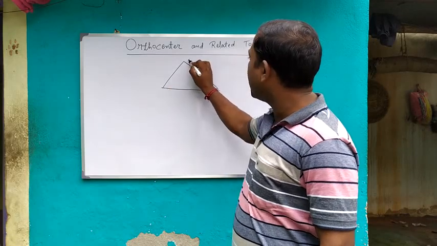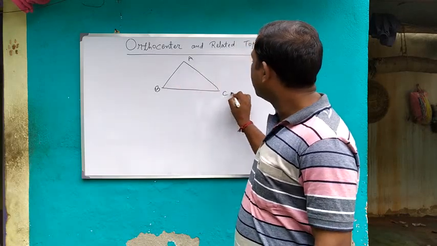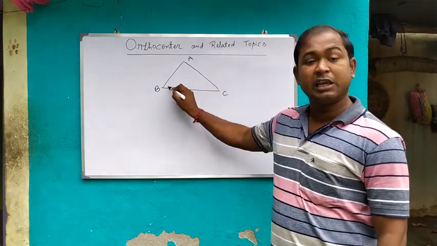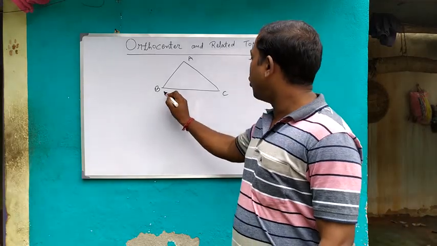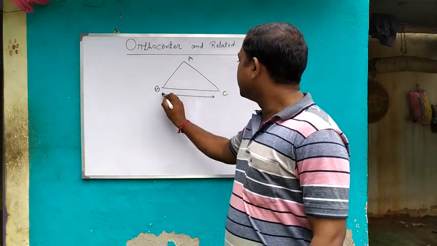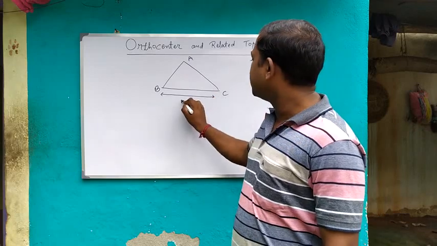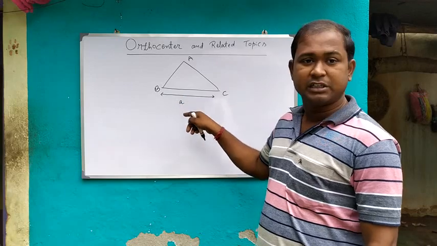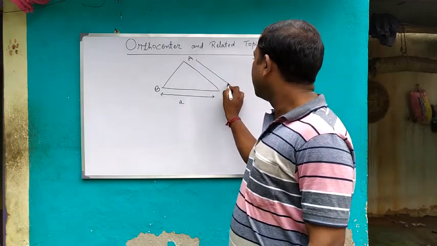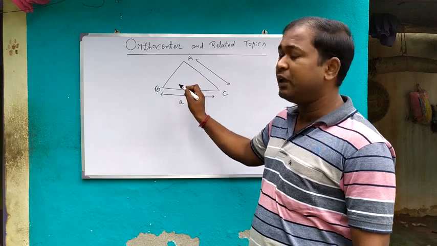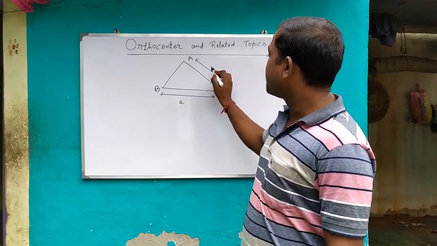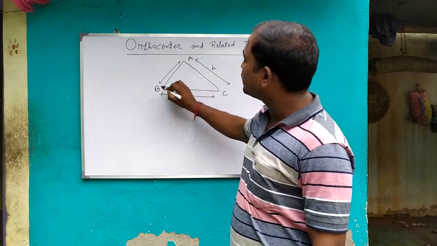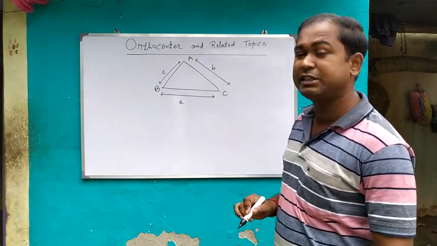In a triangle ABC, this angle is called angle A, this is angle B, and this is angle C. Now opposite to angle A, the side BC, the length of BC, is represented by small a. Opposite to angle B, the length AC is represented by small b, and opposite to angle C, the length of side AB is represented by small c.